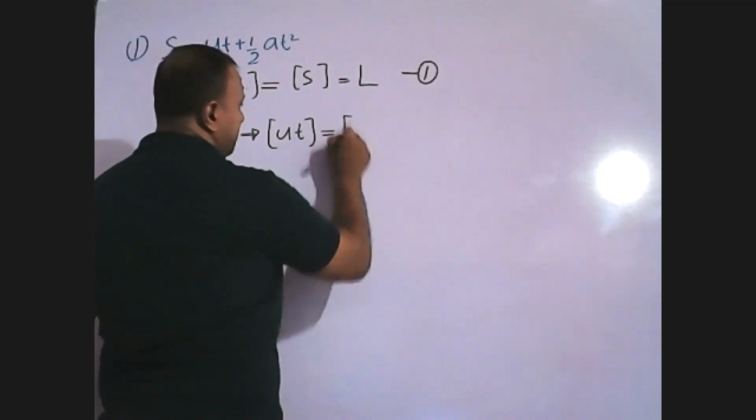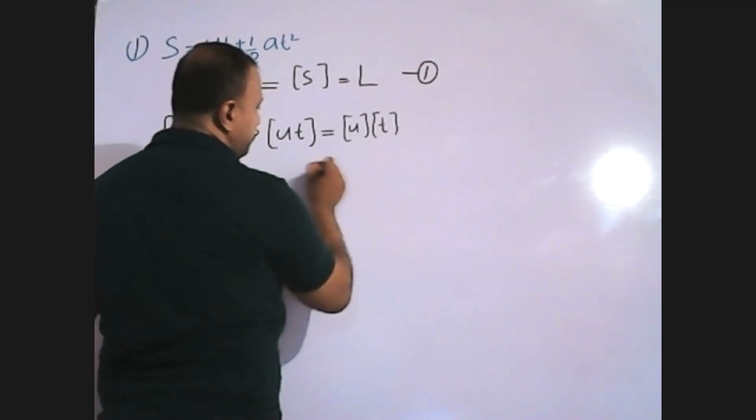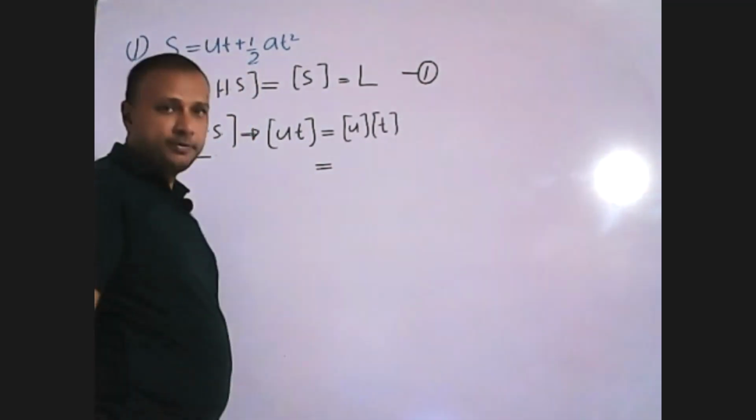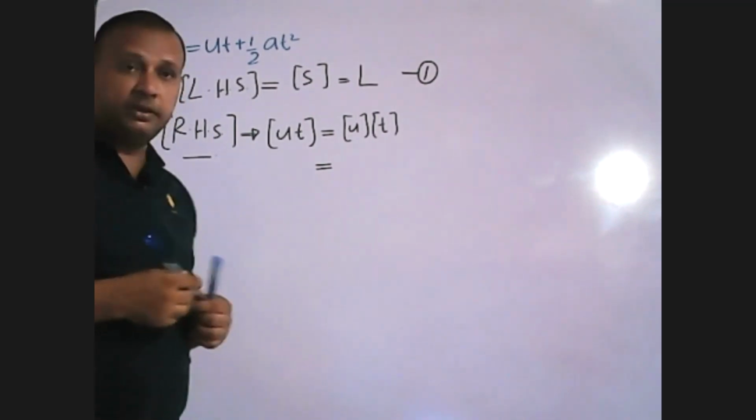U means it is a velocity. T means it is a time. So what is the dimension of velocity? I think now you can remember that one.